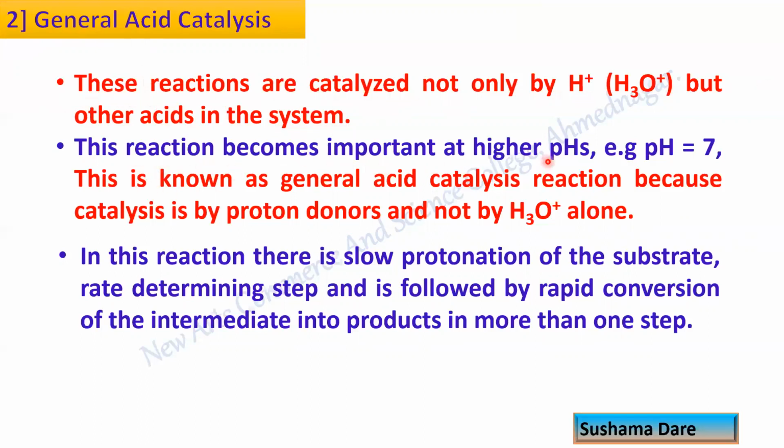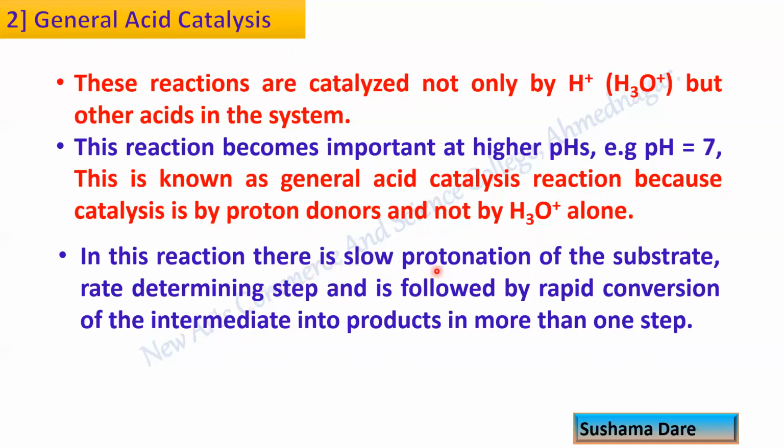This reaction becomes important at higher pH, for example, pH nearly about 7. This is known as general acid catalysis because of catalysis by proton donors and not by H3O+ alone. So here other proton donors also influence the rate of reaction.